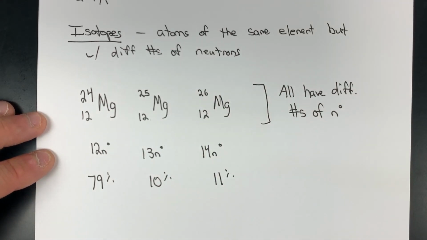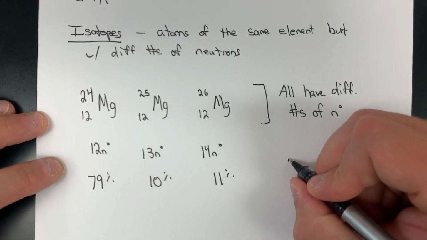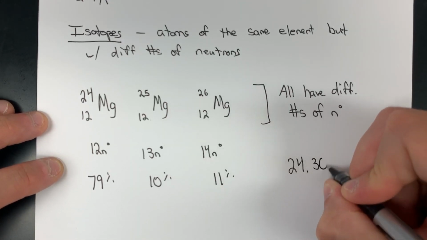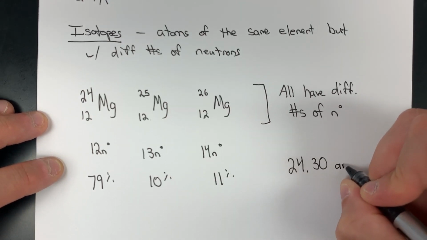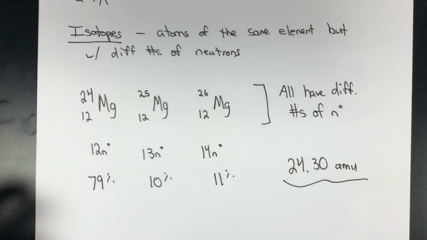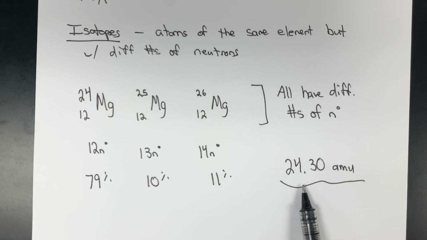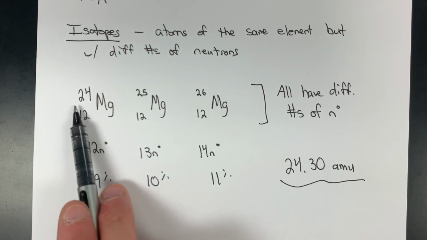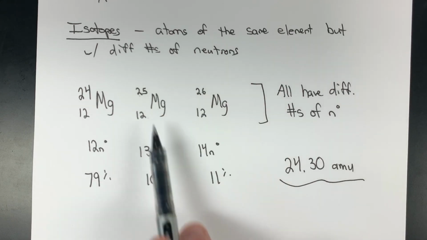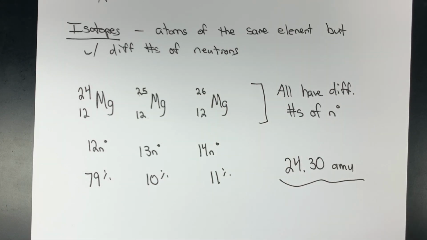So the idea is that when we reference the periodic table and we're finding that the atomic mass is 24.30 AMU, the idea is that this is not just an average, this is a weighted average, right? If we were to take just an average between 24, 25, and 26, we'd find that the average magnesium atom that's out there has an atomic mass of 25.